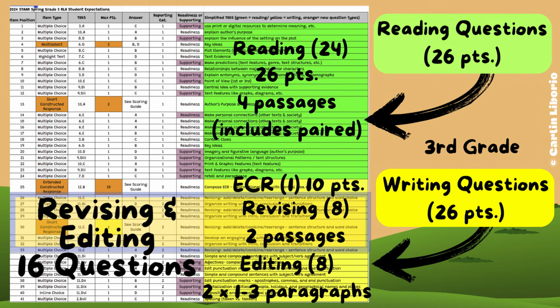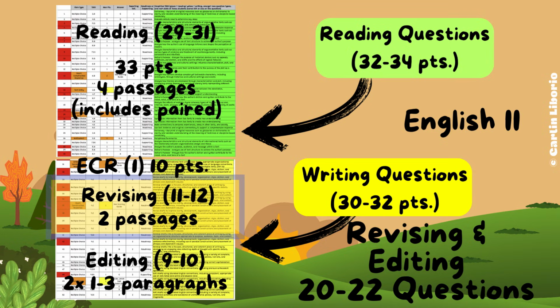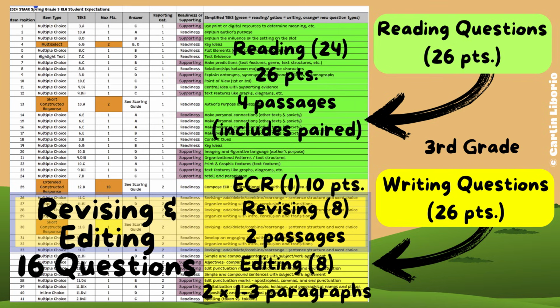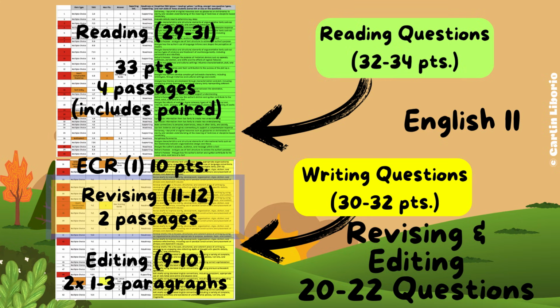editing questions. So elementary school has about 16 revising and editing questions, 8 revising and 8 editing. High school, the other extreme, English 2, has about 11 to 12 revising questions and 9 to 10 editing questions. So we are talking about 16 revising and editing points and 20 to 22 in high school.